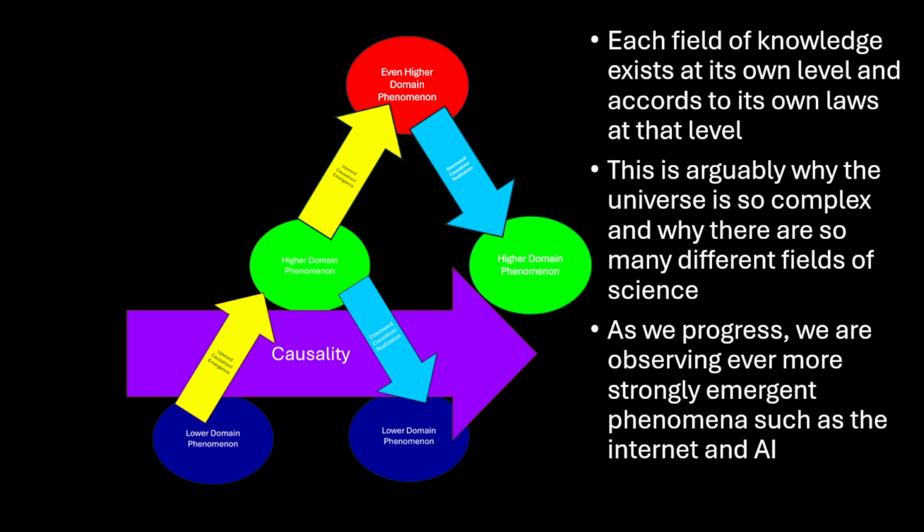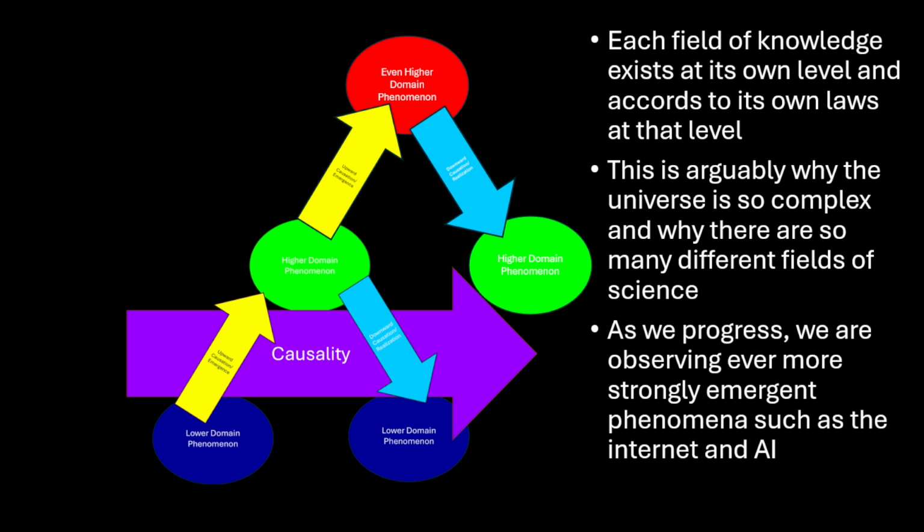And it also implies that there's probably a wide range of phenomena in the universe, in the external world, that we don't know about because they haven't yet emerged. And they might not ever emerge, but it's possible in the future that more examples of strongly emergent phenomena could exist. And I think the internet is a good example of that, of this very highly strongly emergent phenomenon.